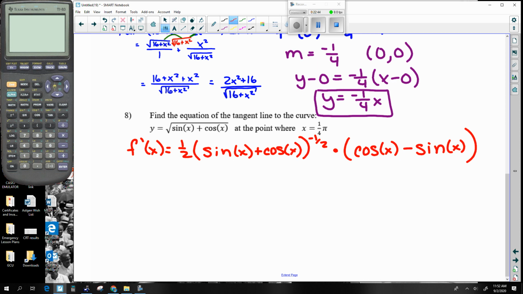Okay, that's your chain rule. That's your derivative. I'll do one cleanup. So that's your derivative.